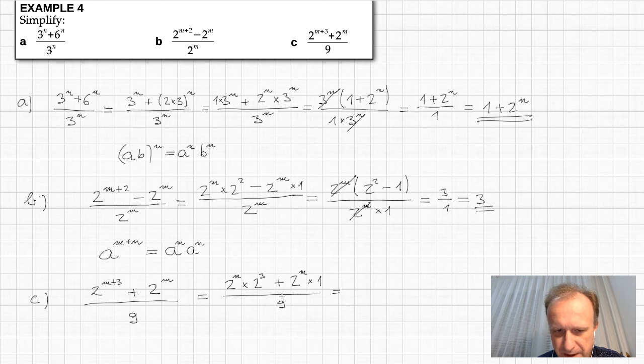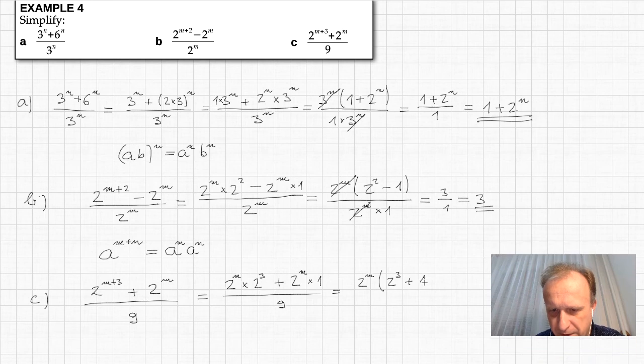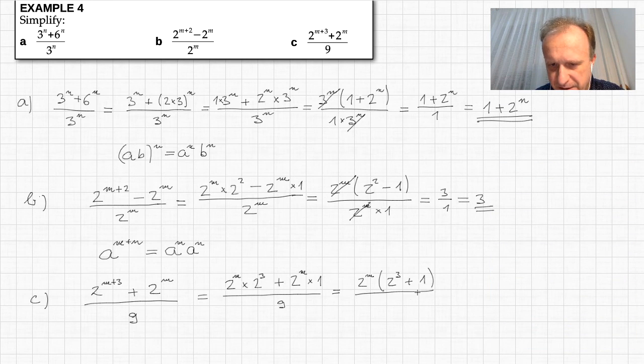Now we can take the common factor out. It's 2 to the power of m factored out, and what is left is, from the first term, 2 to the power of 3 plus, and from the second term, 1, divided by 9. Now it equals 2 to the power of m times, we have 2 to the power of 3, which is 2 times 2 times 2, it's 8, plus 1 is 9, so we have 9 divided by 9.